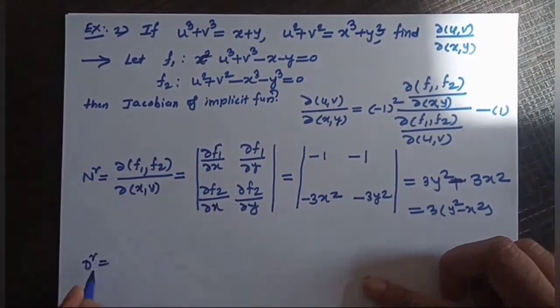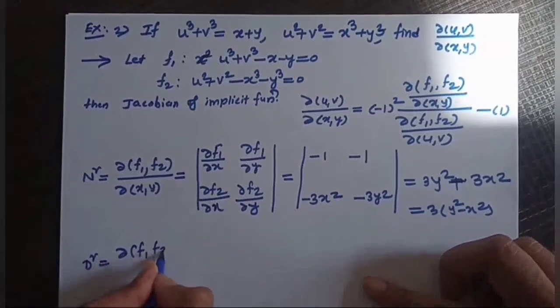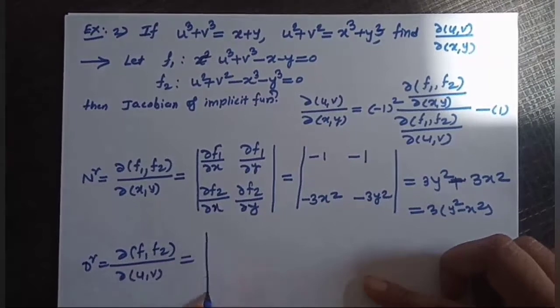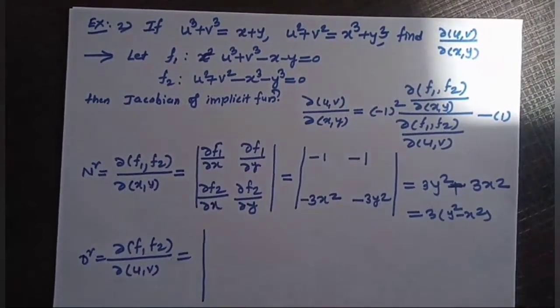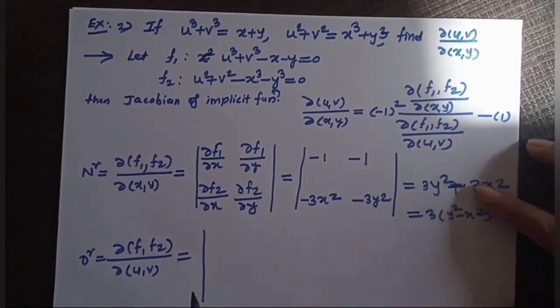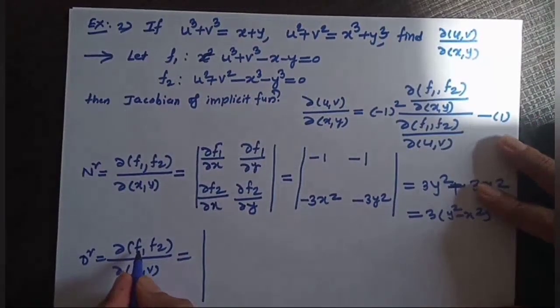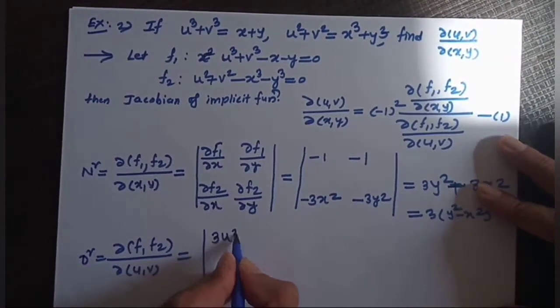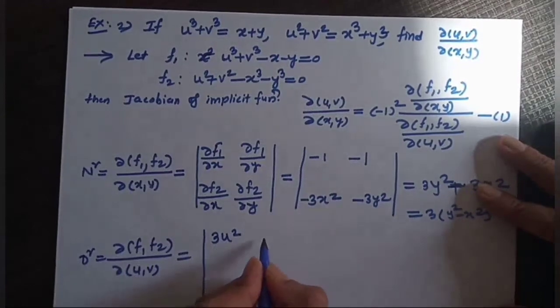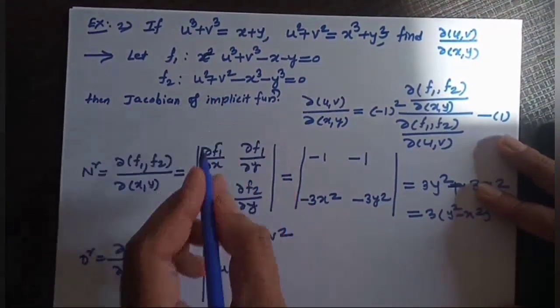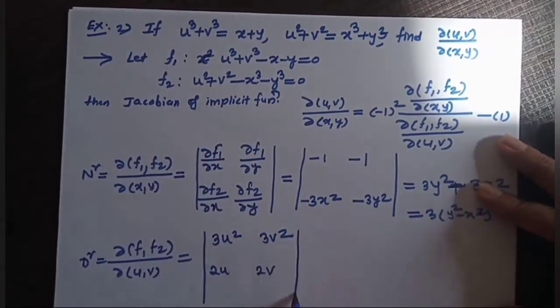The denominator, what is the denominator? The Jacobian of f1, f2 with respect to uv. The first row is the derivative of f1 with respect to u, which is 3u square, and f1 with respect to v is 3v square. f2 with respect to u is 2u, and f2 with respect to v is 2v.